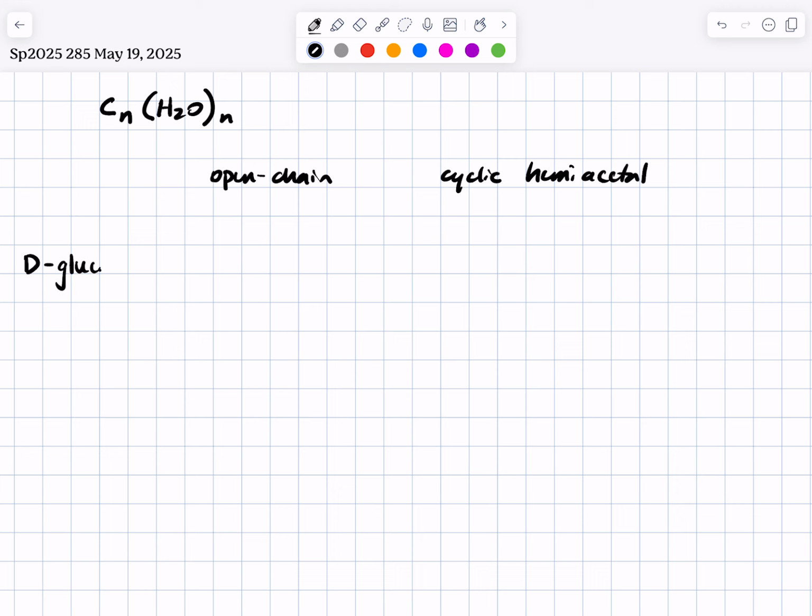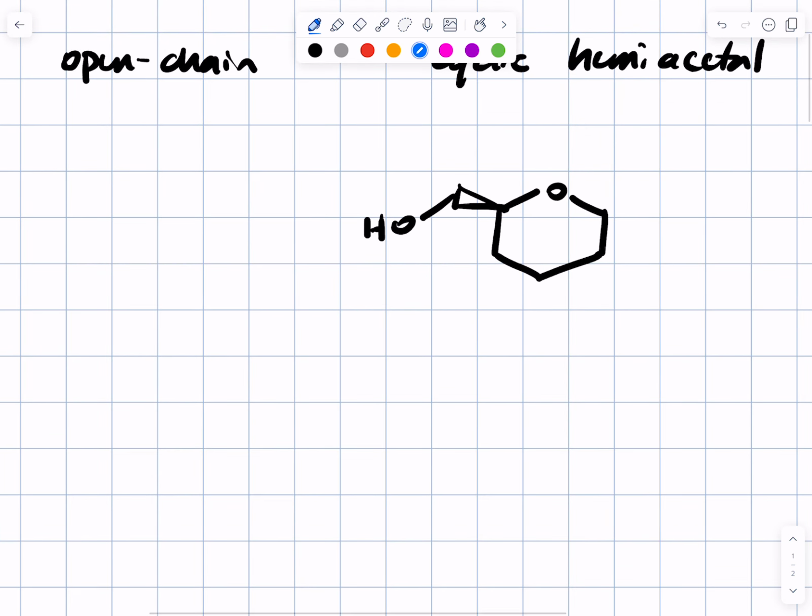So the first is D-glucose. In the cyclic hemiacetal form, it looks like this. Excuse me, we'll number the atoms of the glucose ring like this: 1, 2, 3, 4, 5, and then this one, the one that's outside the ring, exocyclic, is 6.